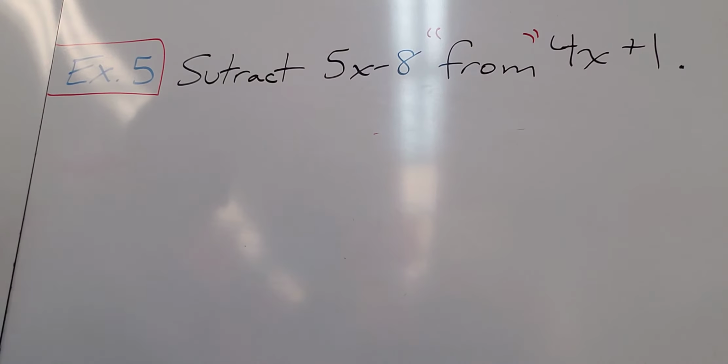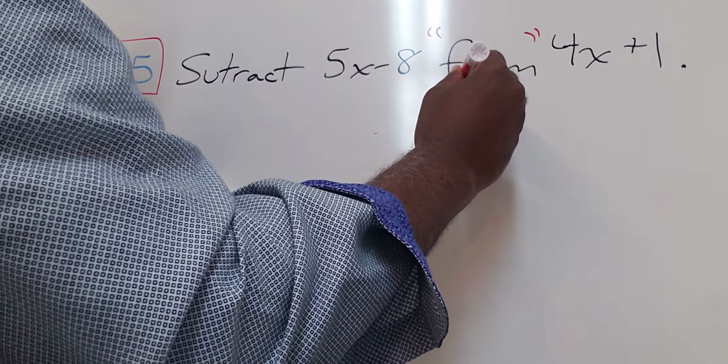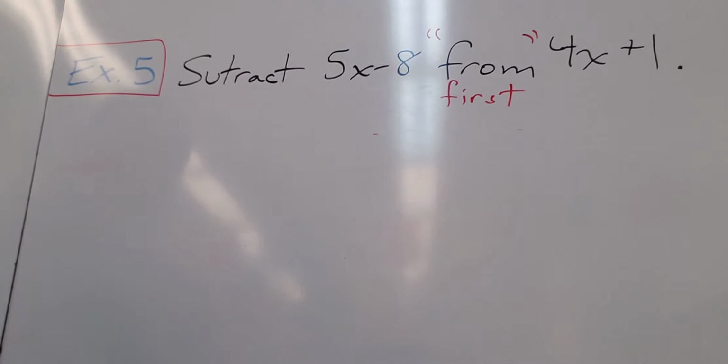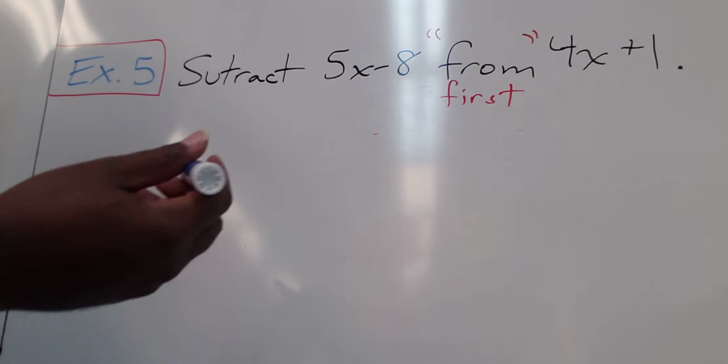When you see this from, the from term always comes first. Matter of fact, they both start with F. So when you see from, I want you to think first. So what does that mean? Subtract 5x minus 8 from 4x plus 1.